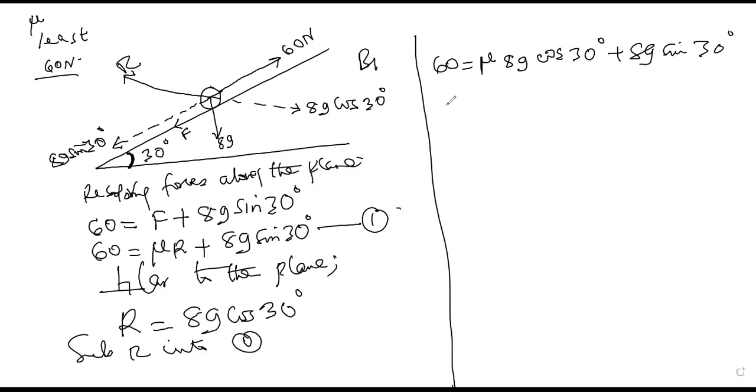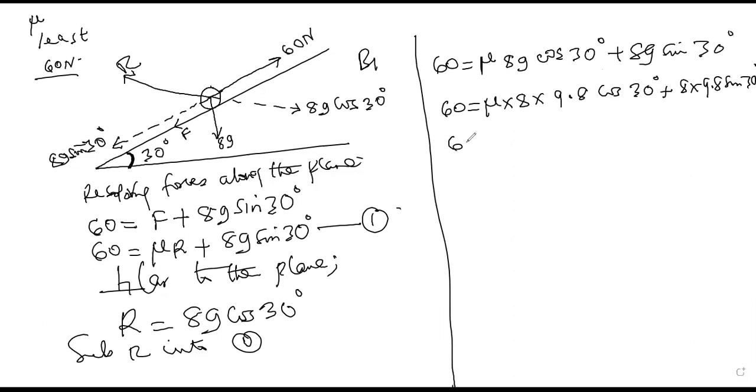Yes. So 60 is equal to mu times 8 times g. You use what they normally give you on the cover page. Cos 30 plus 8 times 9.8 sin 30.